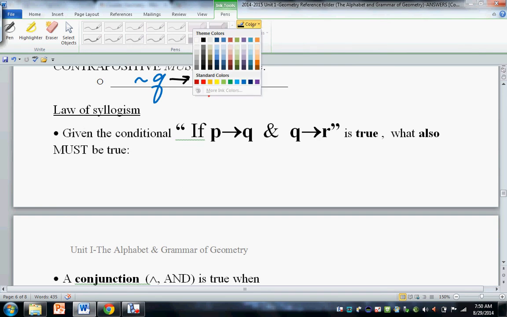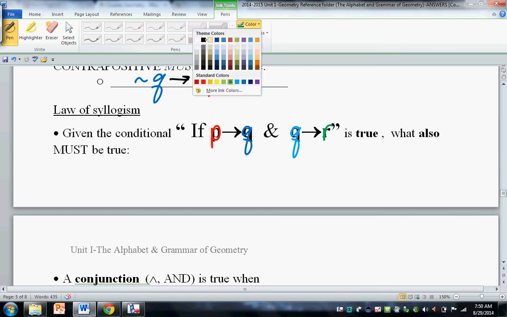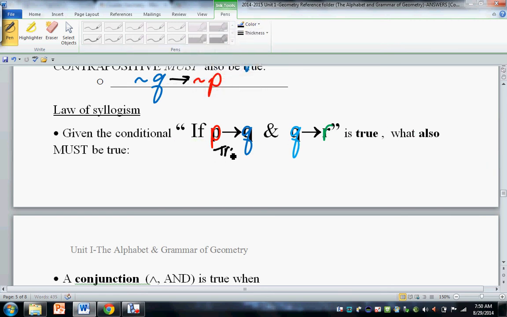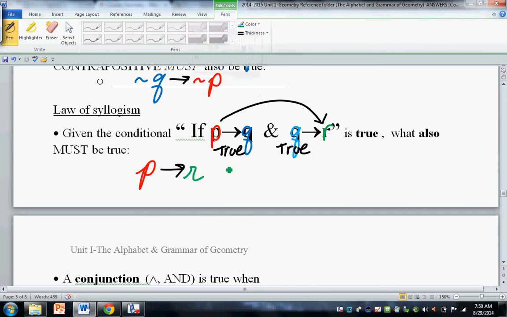Law of syllogism says this: if you have a logic concept of if P then Q, and if Q then R, you add a third statement, and both of these are true, you can connect P to R. Then what must be true would be if P, then R. Now this sounds complicated, but honestly, you're an expert at this.